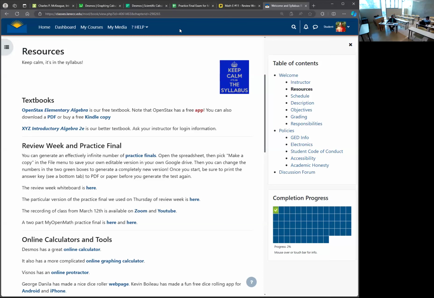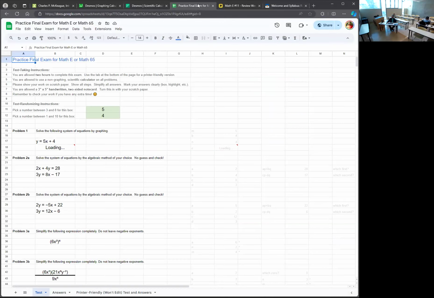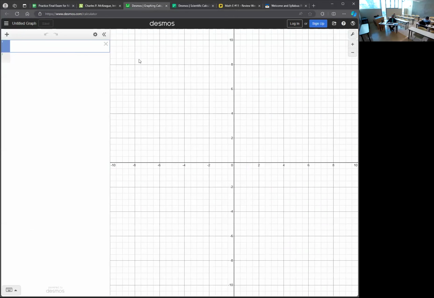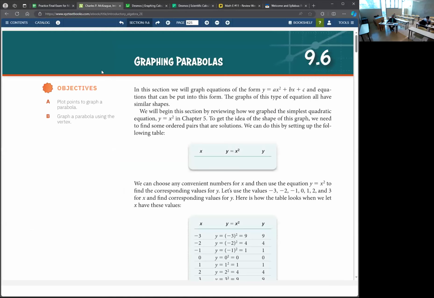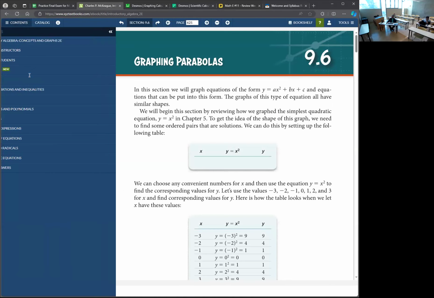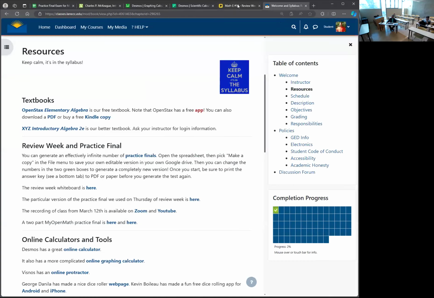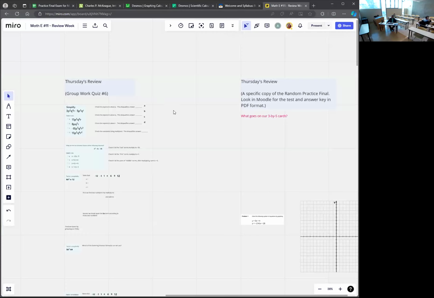We could make more practice finals if we want, but I don't think we need to. We have both the scientific calculator and the graphing calculator if we need them, and if we want to look up anything in the textbook, we can do that. Everything is logged in and ready for us. Could you log into the whiteboard, Dusty? Then I'll know we can get started.